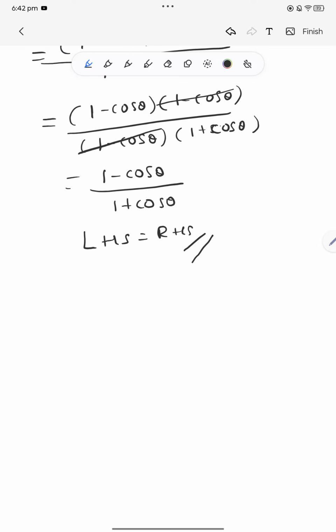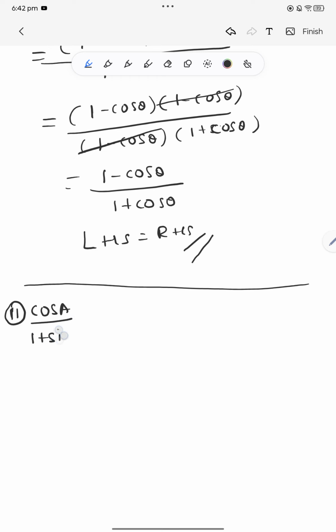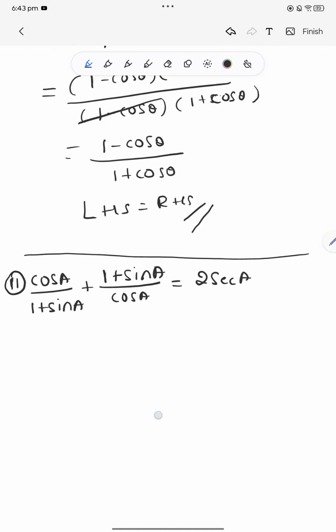Okay. Second question: cos A divided by (1 plus sin A) plus (1 plus sin A) divided by cos A is equal to 2 secant A. So you have to prove this.